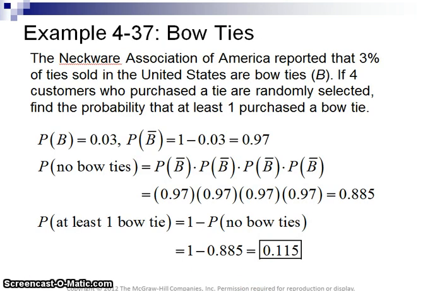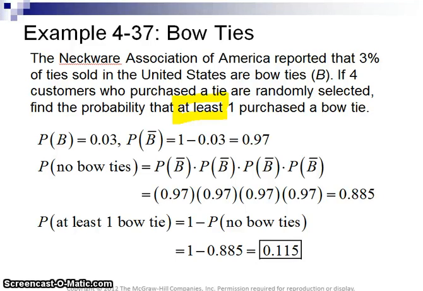The last type of problem I want to look at with you is example 437. This one deals with a situation where you're considering the words at least in the problem. This one says the Knitwear Association of America reported that 3% of ties sold in the United States are bow ties.